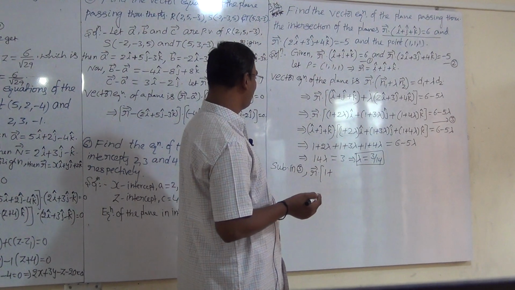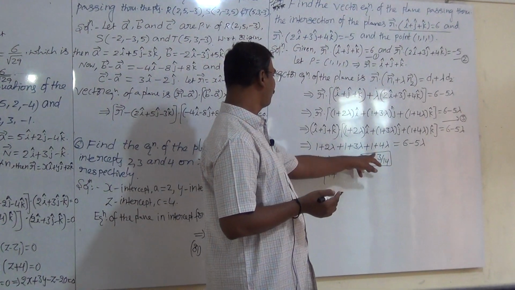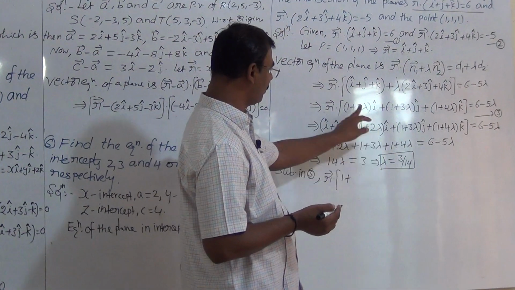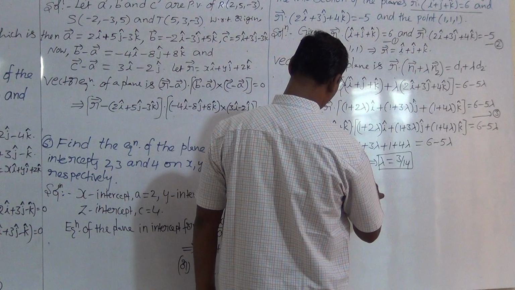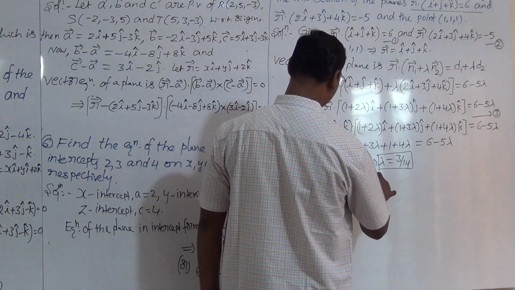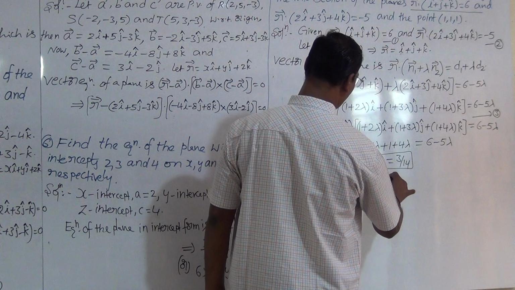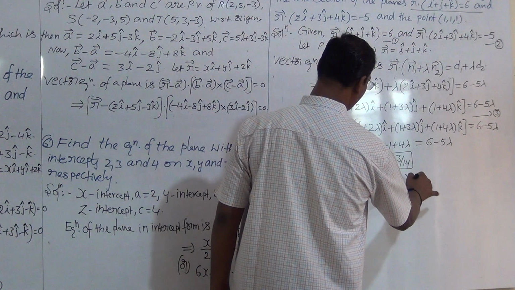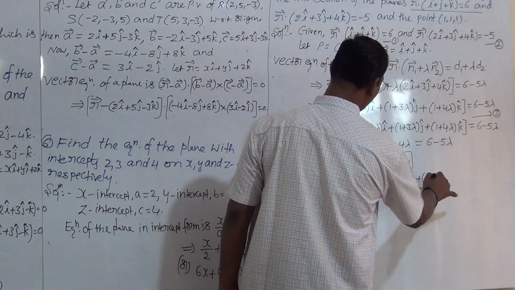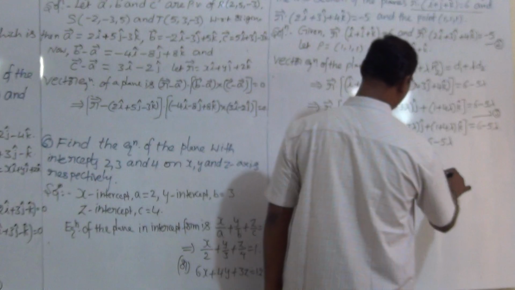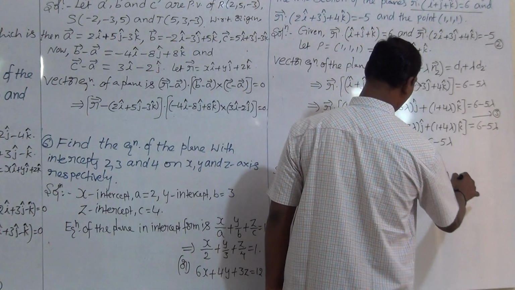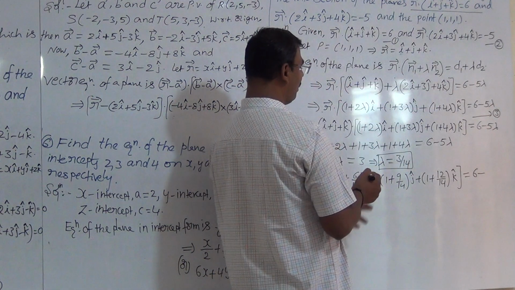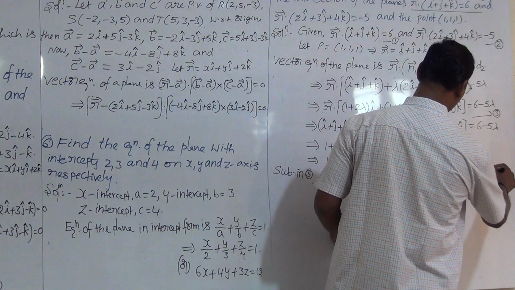We get 1 plus 2 into 3 by 14, 2 threes is 6, 6 by 14 into i, plus 1 plus 3 into 3 by 14, 9 by 14 into j, plus 1 plus 4 into 3 by 14, 12 by 14 into k, equals 6 minus 5 into 3 by 14, 15 divided by 14.